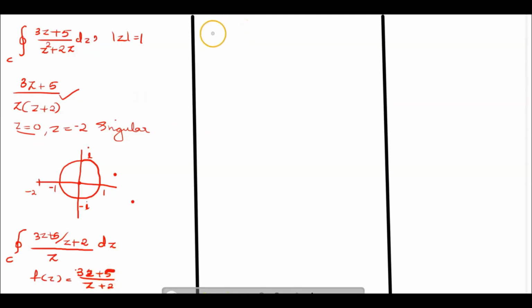What is Cauchy's integral formula? Cauchy's integral formula is: closed integral over C of f of z divided by (z minus a) dz, where a is a point inside C, equals 2 pi i into f of a.